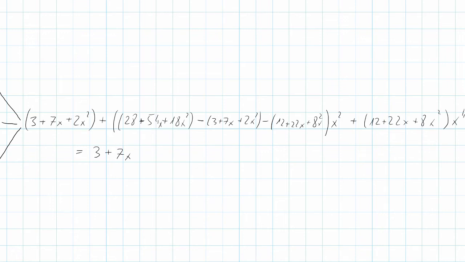Okay, I will compute the term in parentheses here. So it's 28 minus 12 is 16. 16 minus 3 is 13. 54 minus 22 is 32. 32 minus 7 is 25. Plus 25x. 18 minus 8 minus 2 is 8.